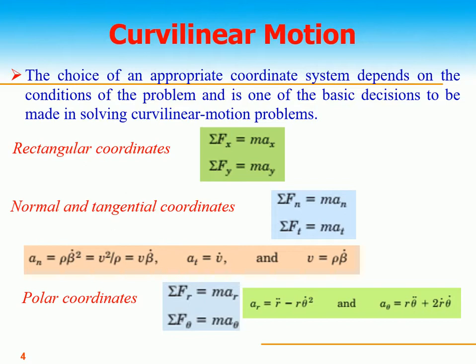Of course, we can discuss curvilinear motion in rectangular coordinates, where summation of Fx is equal to m ax and summation of Fy is equal to m ay, but this rectangular coordinate system can become difficult for solving problems.